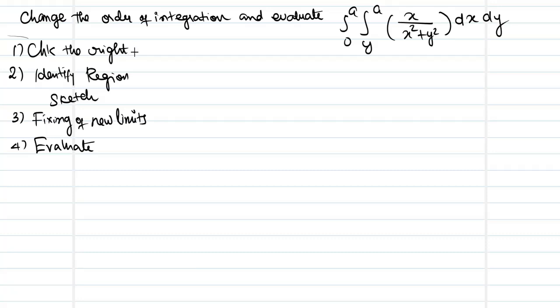Now to check if the direction is right for the given problem, we notice that we have the limit y and a. So y has to be the limit of the variable x, because x cannot take the limit x itself. So x varies from y to a.